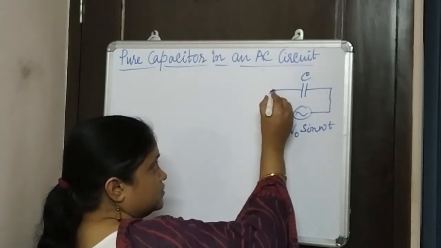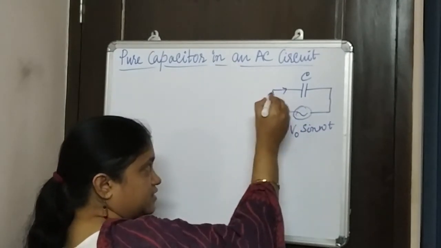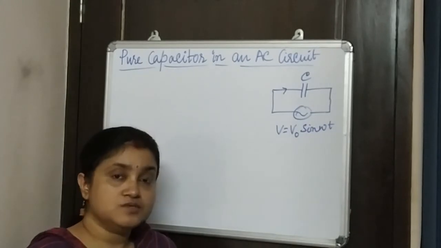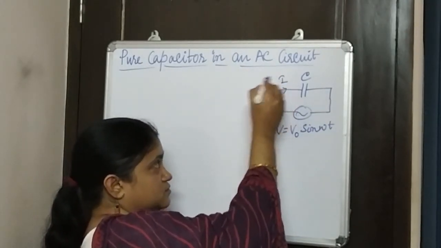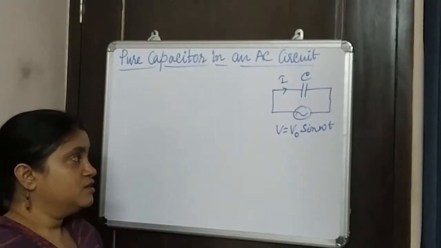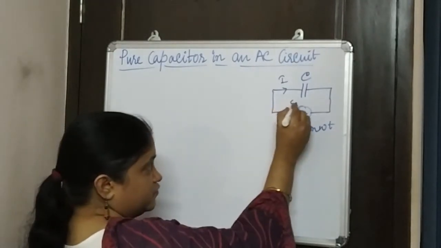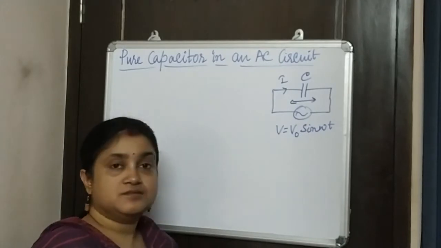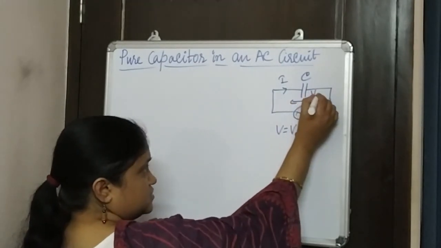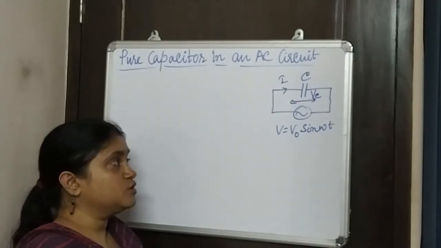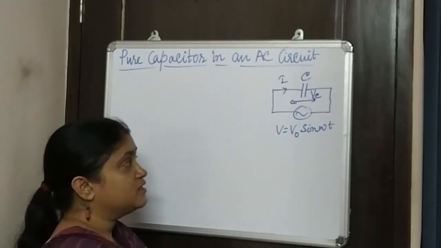Now, as the current goes through this, there would be a voltage drop across this. This voltage drop, let's suppose this is VC, the voltage across the capacitor, right?